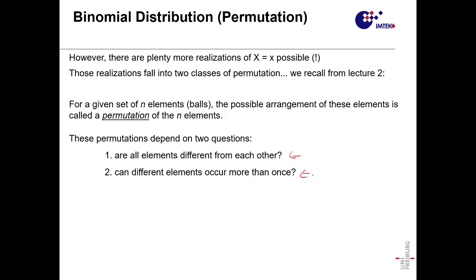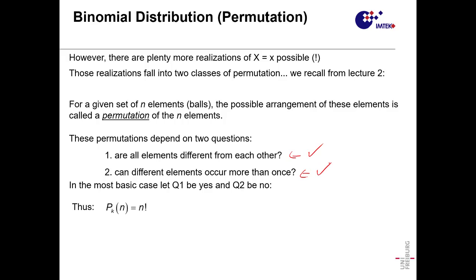One is, are the elements different from each other, and can the different elements occur more than one time? The first one refers to whether you have a clear black and white, or maybe three blues and three reds, where between the blues you cannot differentiate them. The second one is whether you replace it or not. So in most of the cases, question 1 is answered as yes, and the second question is answered as no.